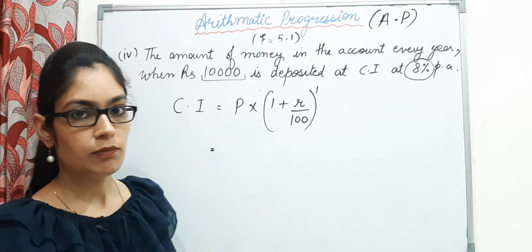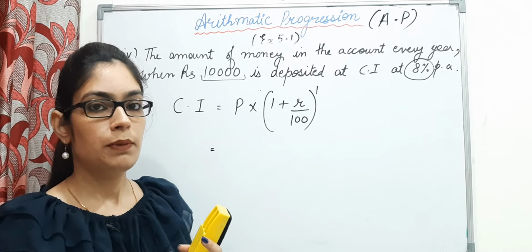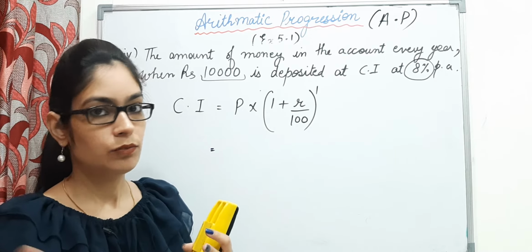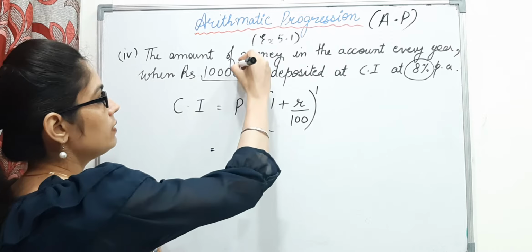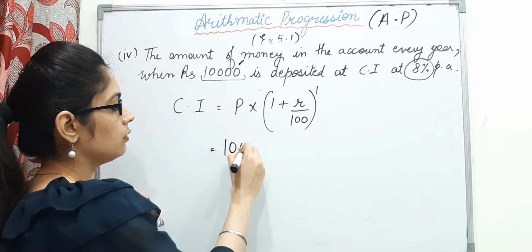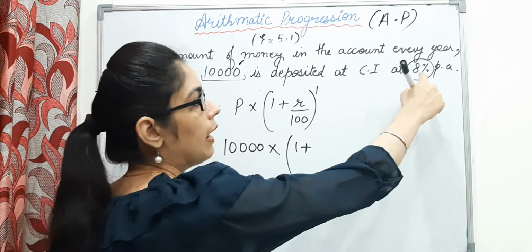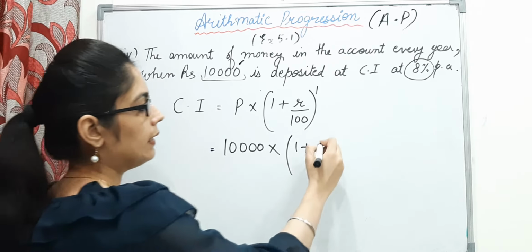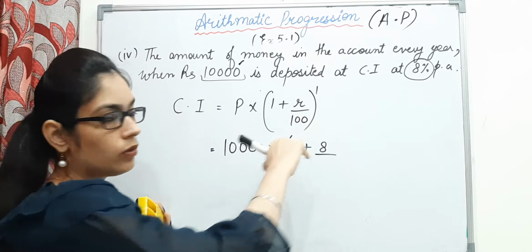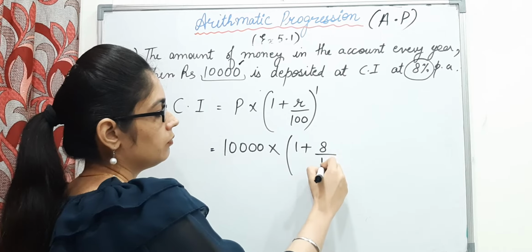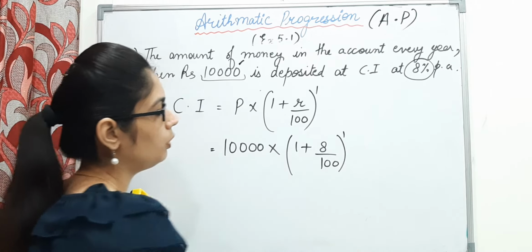The first term will be for the first year, the second term for the second year, third for the third, and fourth for the fourth year. So P is this 10,000 into 1 plus R is 8, because the rate of interest is 8%, so we can write here whole power 1.